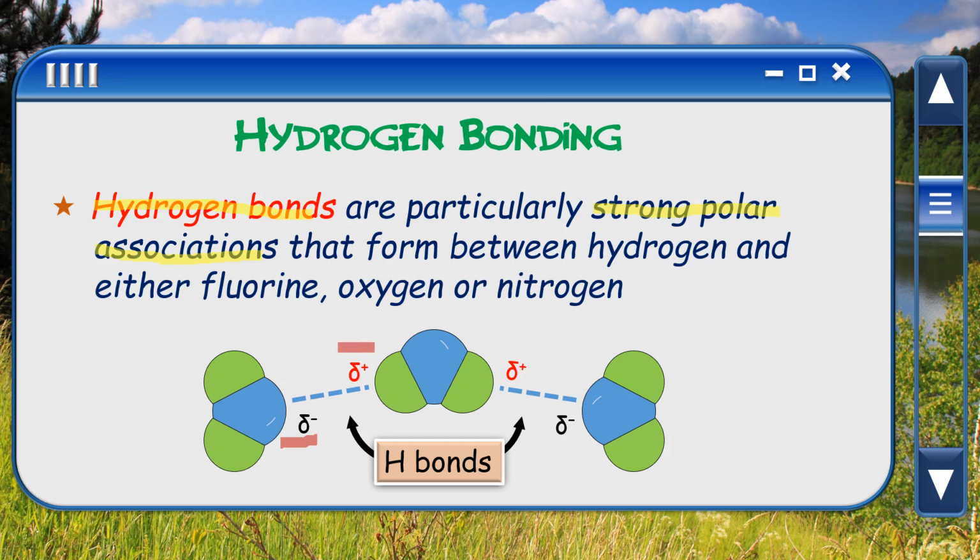So because of those polarities, there is an attraction between the oxygen and the hydrogen. That attraction is what we are referring to as the hydrogen bond. It occurs between hydrogen and fluorine, or hydrogen and oxygen, or hydrogen and nitrogen. That's where we can find the hydrogen bonds.